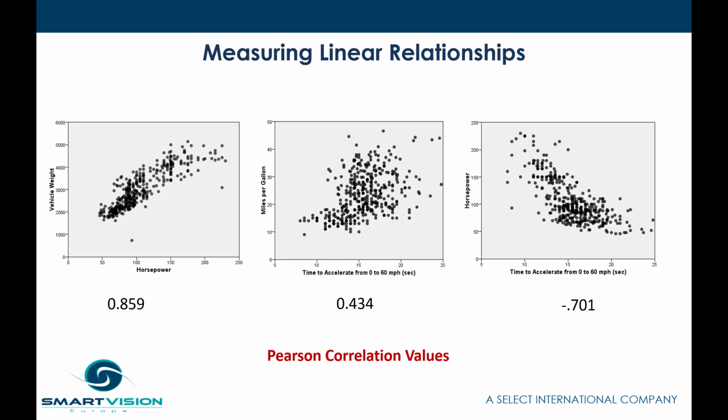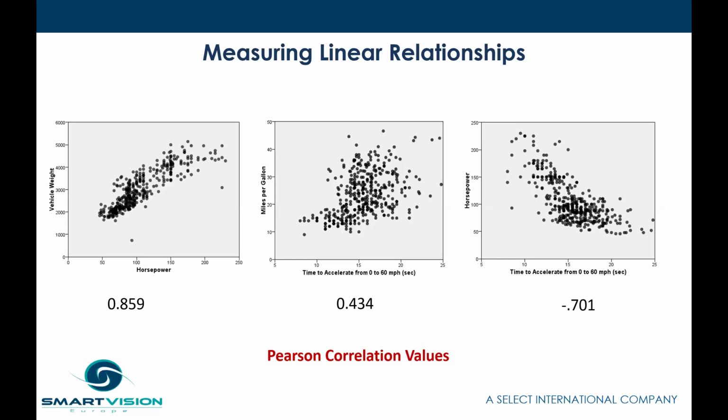But Pearson correlation values are the classic way to represent the strength of a linear relationship in a scatter plot. Here we have 3 scatter plots, and each of the points refers to automobiles, to cars. We've recorded their vehicle weight and their horsepower, and we're getting a correlation value here of 0.859.